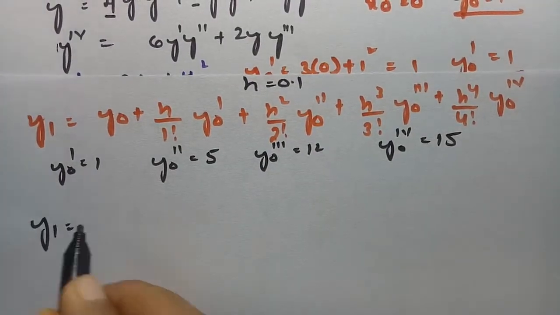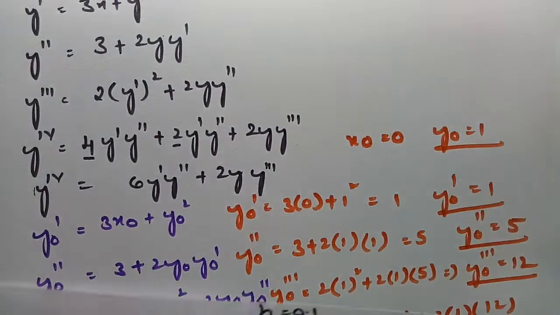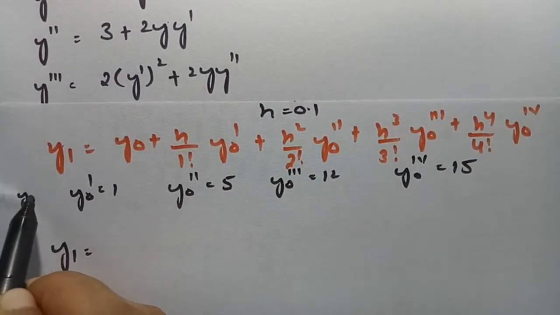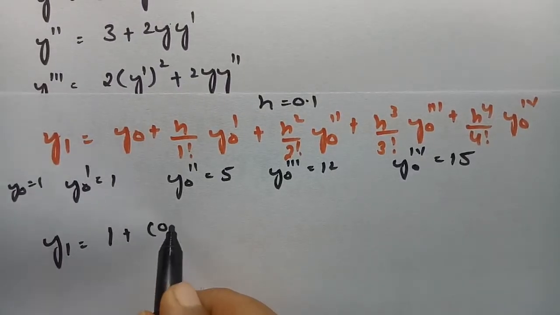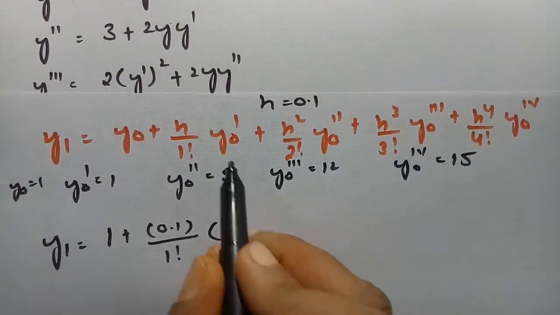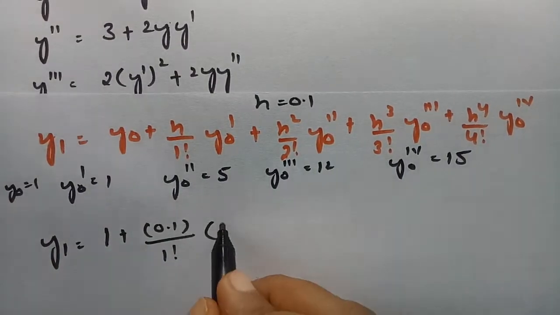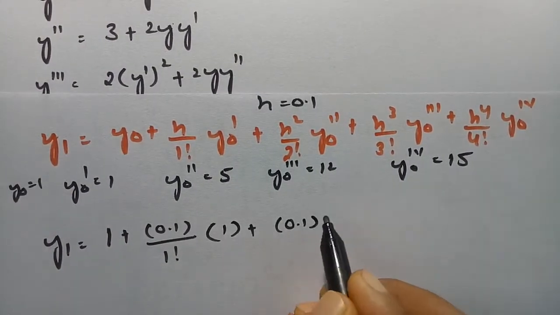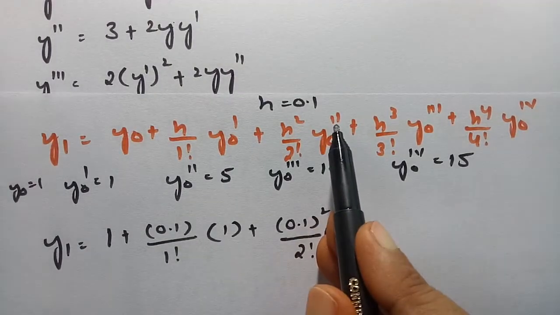Then y1 is equal to, what is y naught? So y naught value is equal to 1. If I substitute here, this is 1 plus 0.1 by 1 factorial into y naught dash. y naught dash is equal to 1, and this is 0.1 whole square by 2 factorial into y naught double dash.